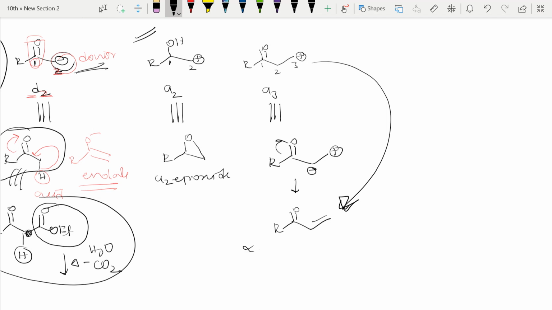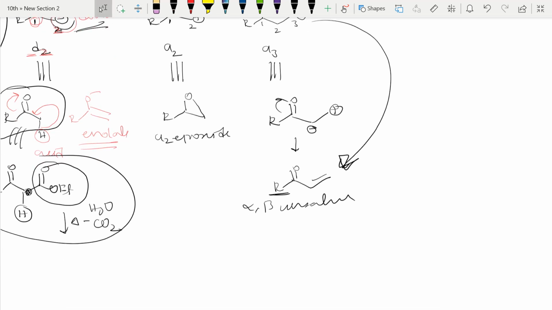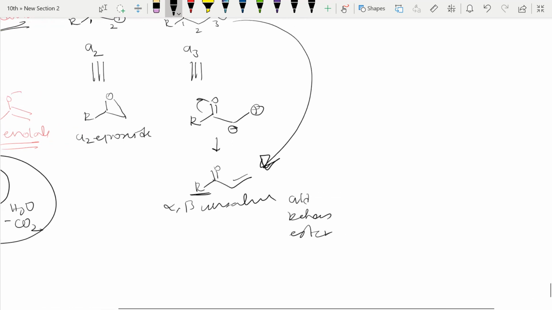What is this? We can write alpha beta unsaturated carbonyl, because if R is aldehyde, we call it alpha beta unsaturated aldehyde, right, enal. If ketone is there, we call it enone, right? So alpha beta unsaturated aldehyde or ketone or ester, and the shortcut name for alpha beta unsaturated aldehyde is enal. Al means aldehyde, en means conjugated double bond.